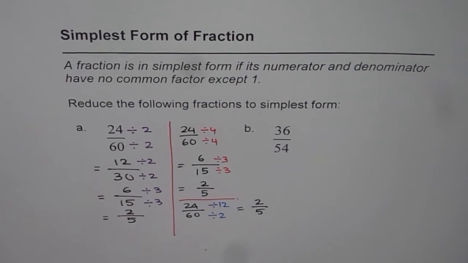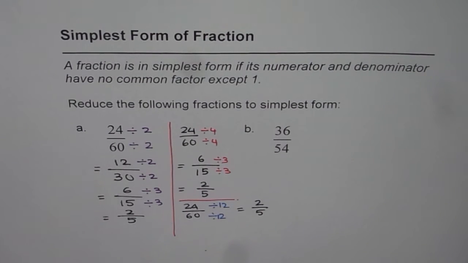So if I divide both by 12, we do get the same answer, which is 2 over 5. So 12 is the highest common factor between the numerator and denominator of the given fraction. If you divide by the highest common factor, in one step you get your answer.